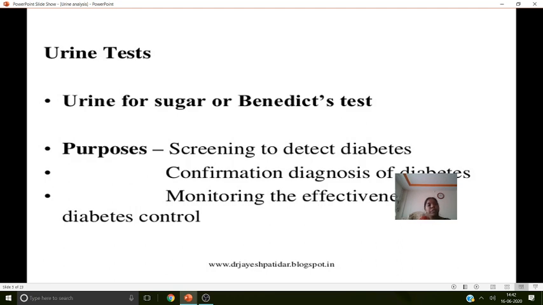If there is any sugar present in the urine, it may be due to diabetes. This is why we do this Benedict's test.